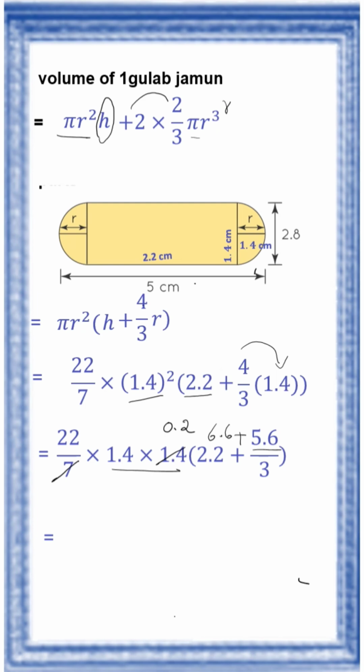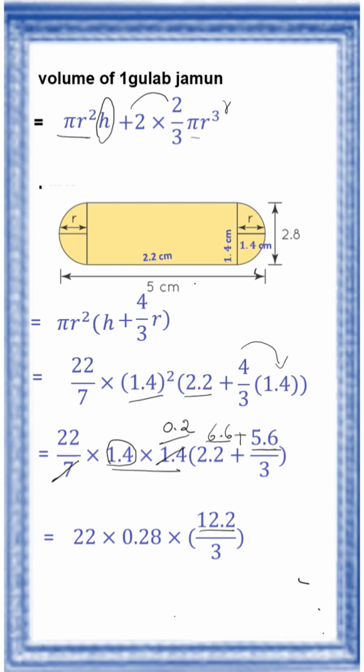So now let us write 22 into 0.2 into 1.4, that is 0.28 into 6.6 plus 5.6 is 12.2 divided by 3 because LCM is 3. Keep it like this only. If you go to solve it now, you will get so many points. Fraction 3 cannot get cancelled anywhere here.